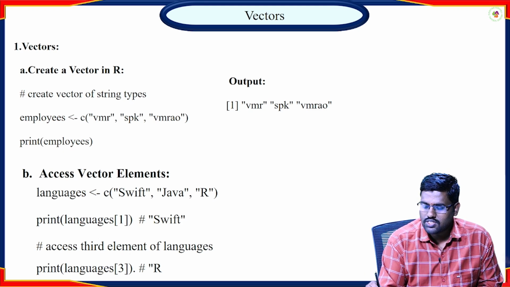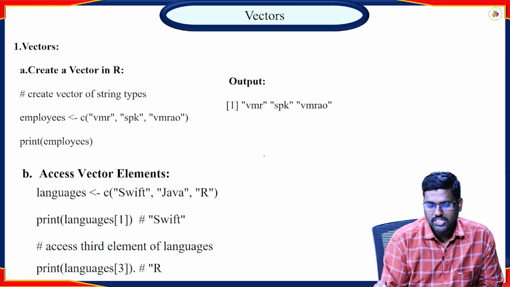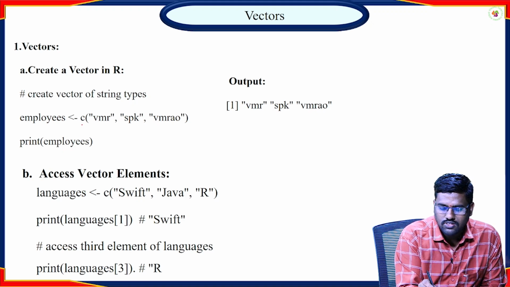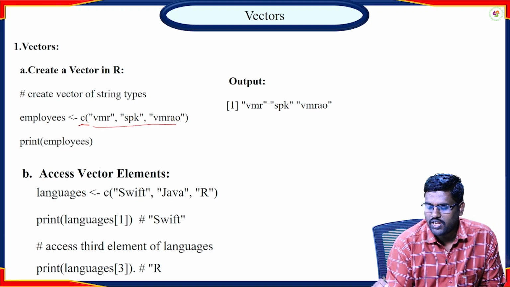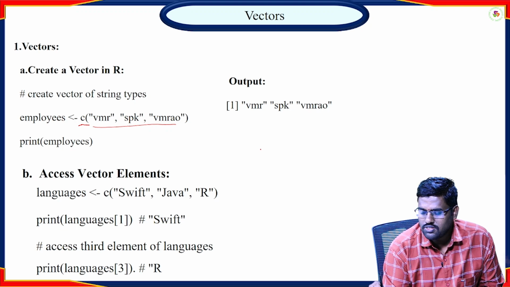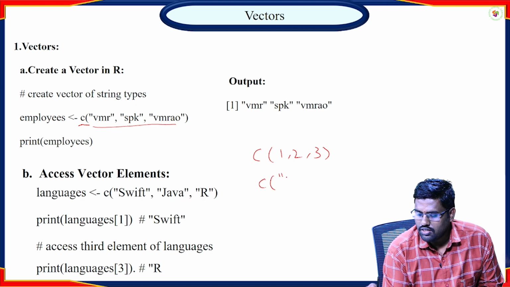Homogeneous means, for example, the representation for a vector is c. c means a collection of values. What are the values we have to specify? For example, homogeneous data means c of 1, 2, 3 like this, or c of some names.